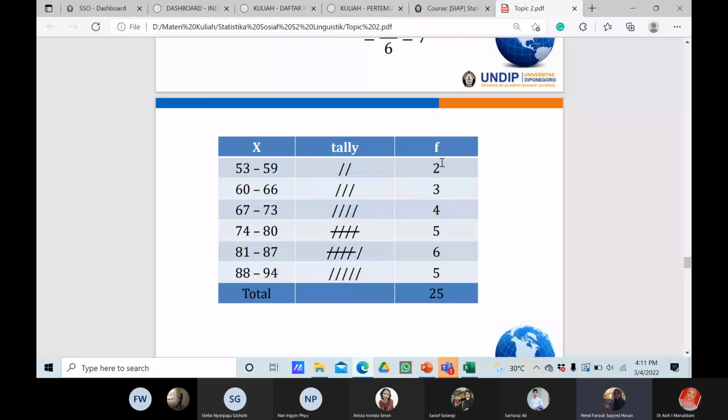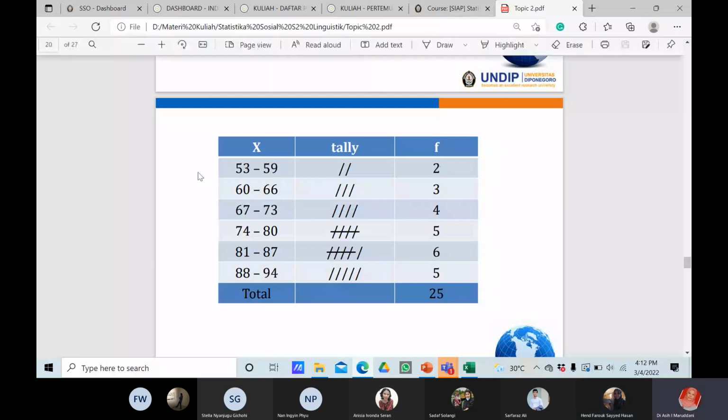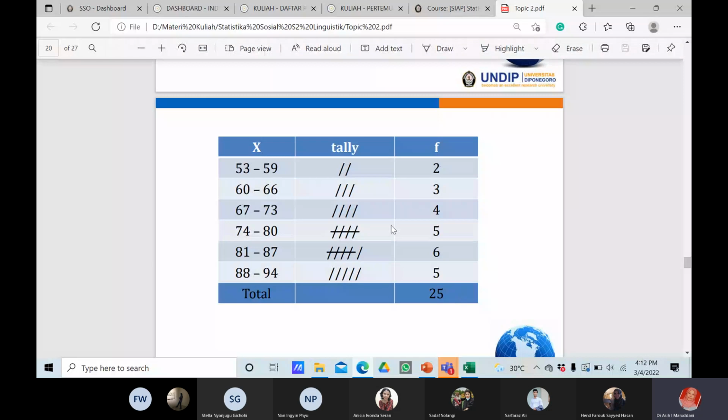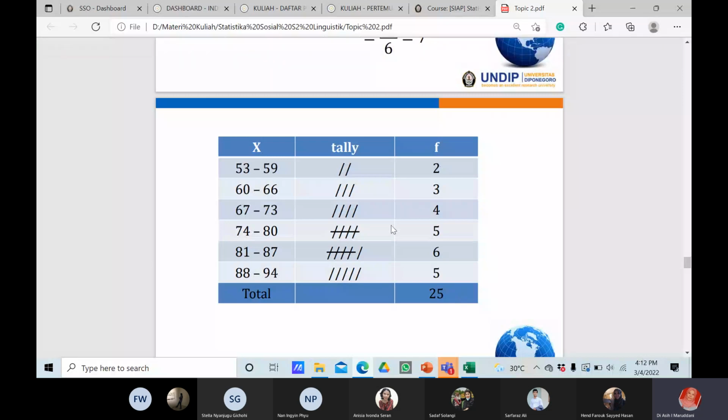Why, for example, didn't we say from 53 to 63, with the number of students, for example, 5? I mean, what defines that we made it from 53 till 59?